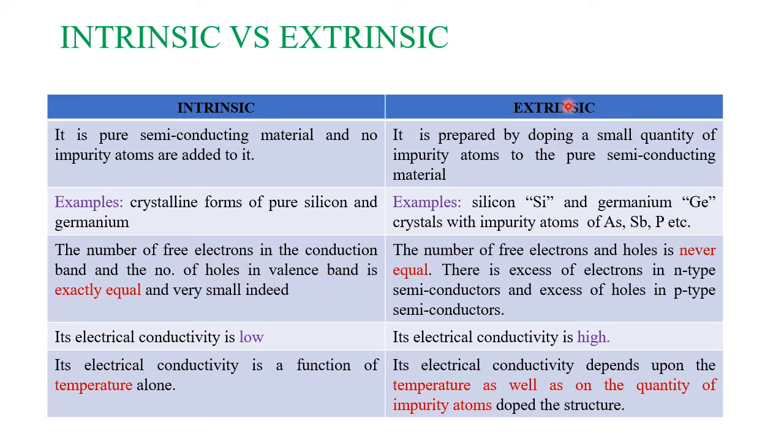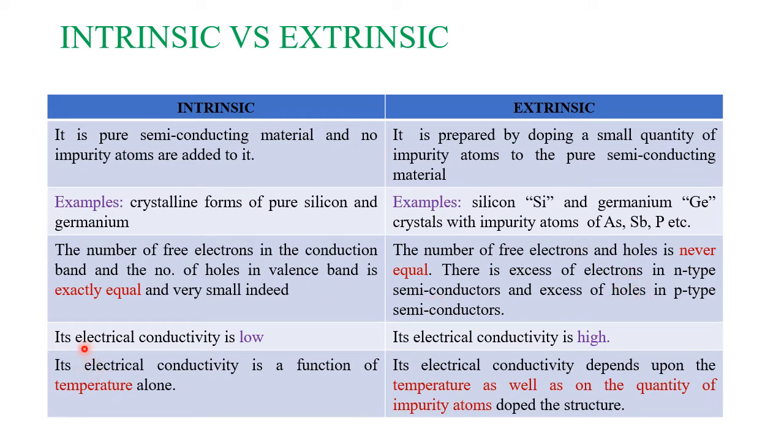Whereas in case of extrinsic semiconductor, the number of free electrons and holes is never equal. So there is an excess of free electrons or an excess of holes. Because of this, there is a probability of using the free electron or hole to conduct currents.